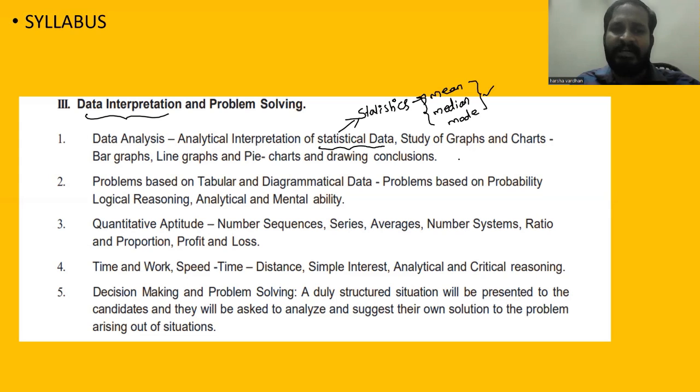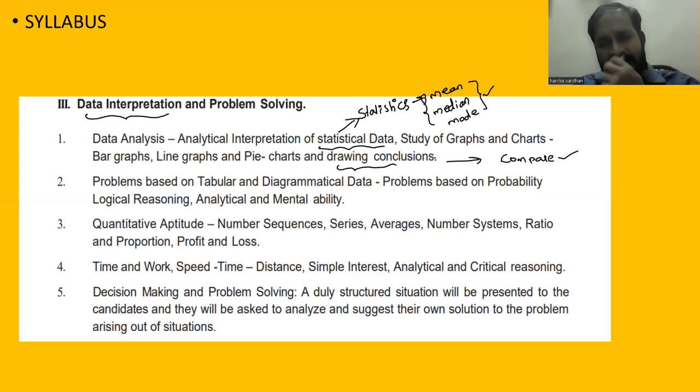And study of graphs, charts, bar graphs, line graphs, pie charts, and drawing conclusions. Drawing conclusions is nothing but they will ask us to compare between 2 different years or 2 different companies and all those things. Purely our data interpretation. Everyone knows it.